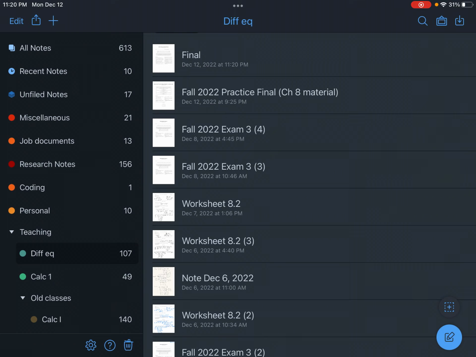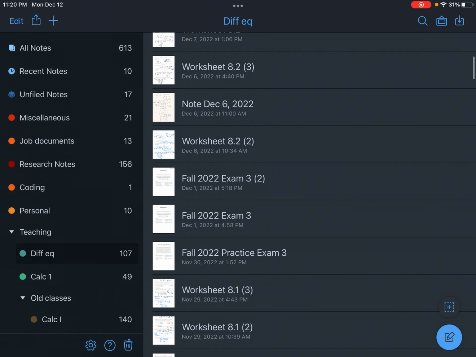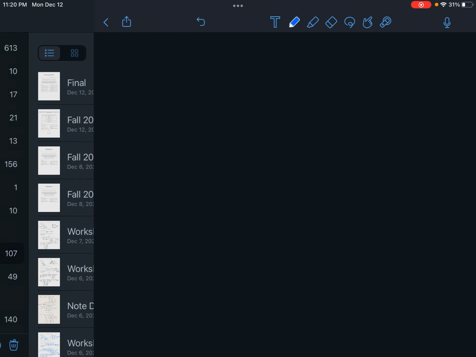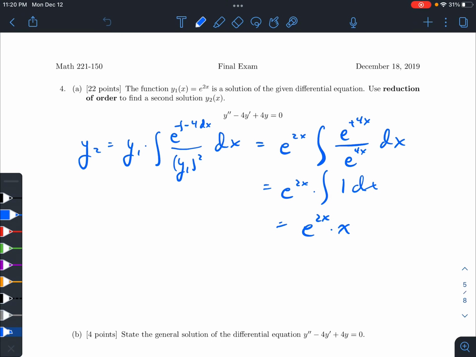I am going to go double check that formula on my computer. One second.